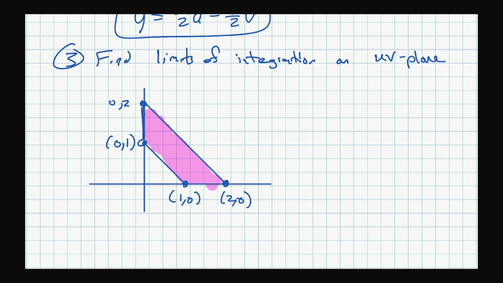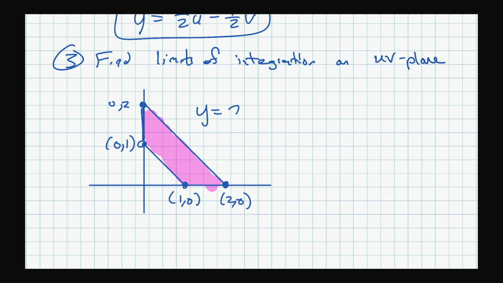If I write the equations here, this equation right here is y equals, first of all, the y-intercept is 2, and then the slope is negative 1. So this is 2 minus x. And the one over here is y equals 1 minus x.